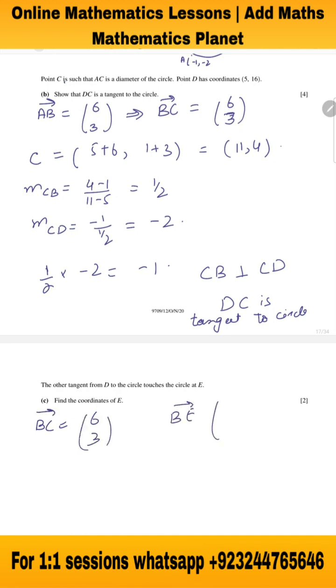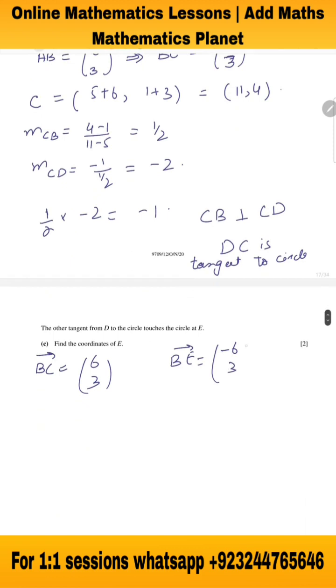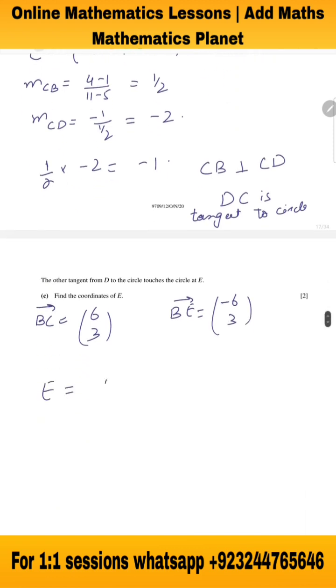BE would be, if BC is 6, 3, so E will be equal to 5 minus 6, 1 plus 3, which is equal to minus 1, 4.